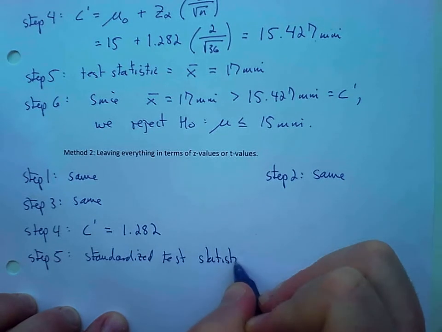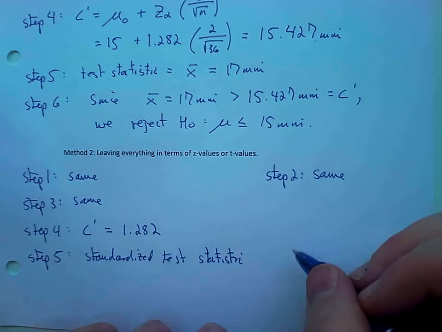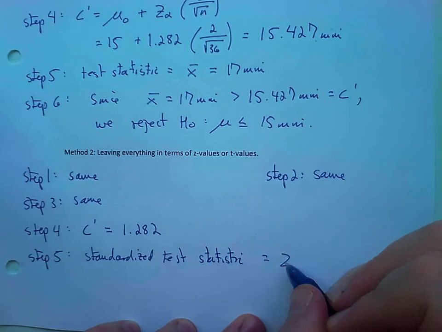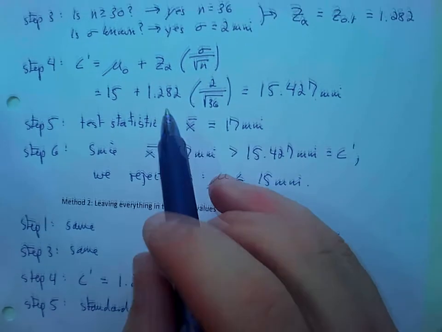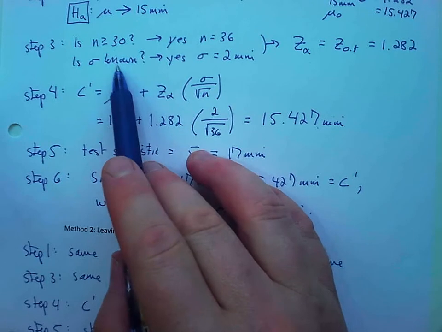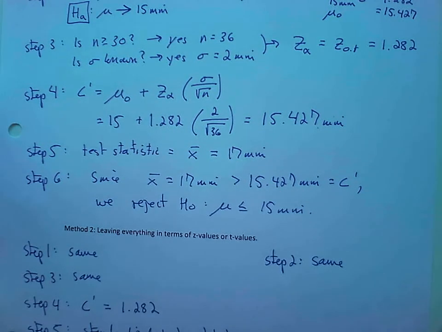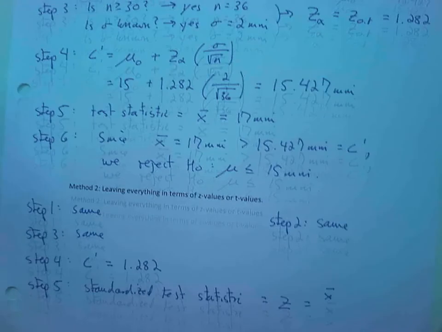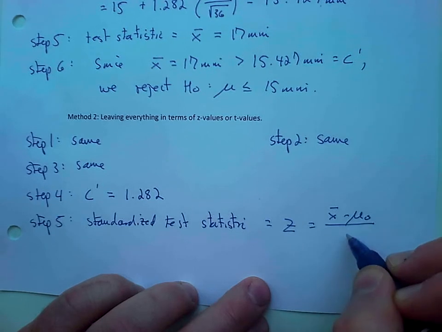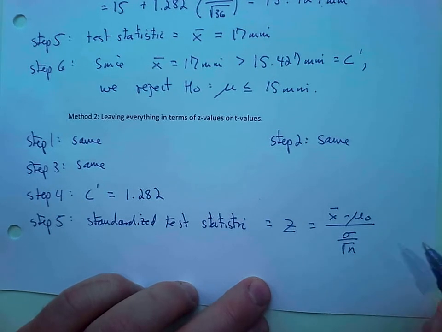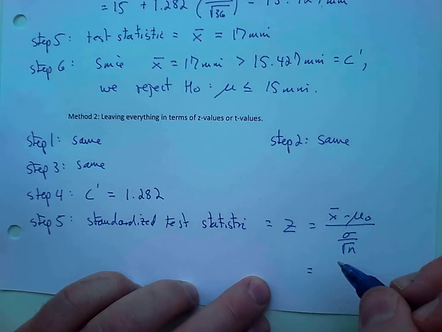In step number 5, now we're going to figure out our standardized test statistic. Since we know that we have a large sample size and we know that sigma is known, this is x bar minus mu sub naught divided by sigma divided by the square root of n.